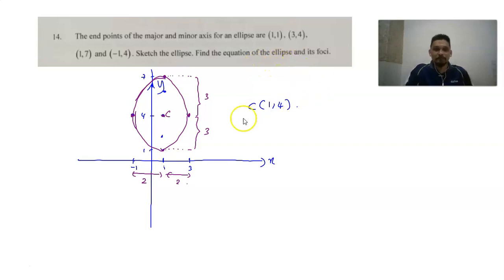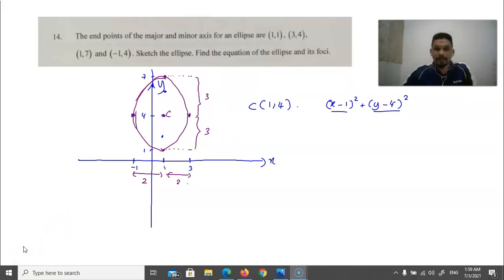So its equation is x minus 1 squared divided by something plus y minus 4 squared divided by something. Because it's a vertical axis, y will be the major measure.